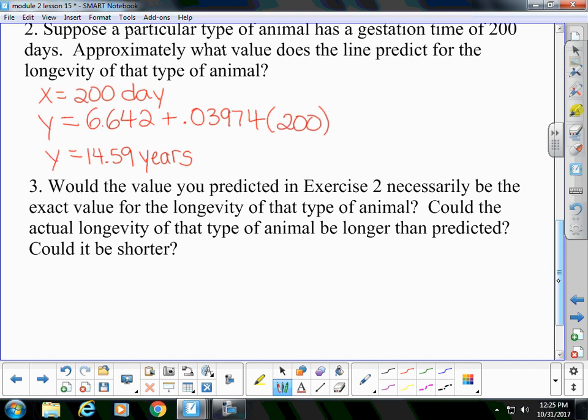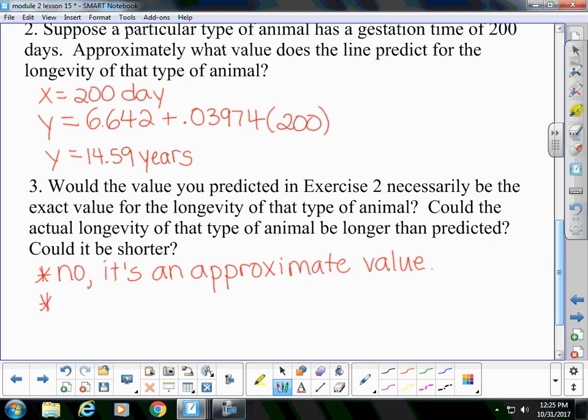It's going to be an approximate value, and the actual could be longer or shorter.